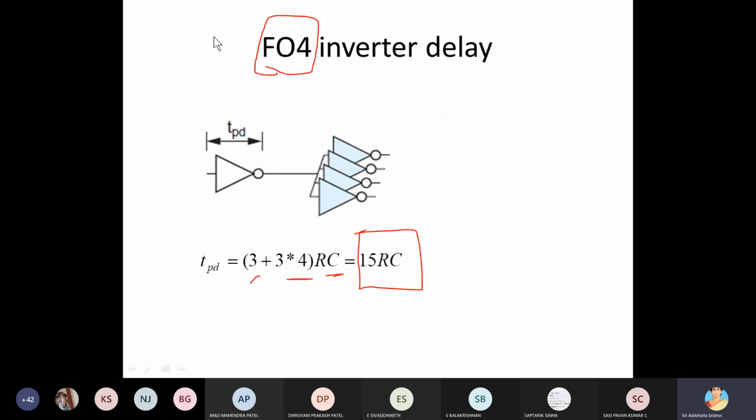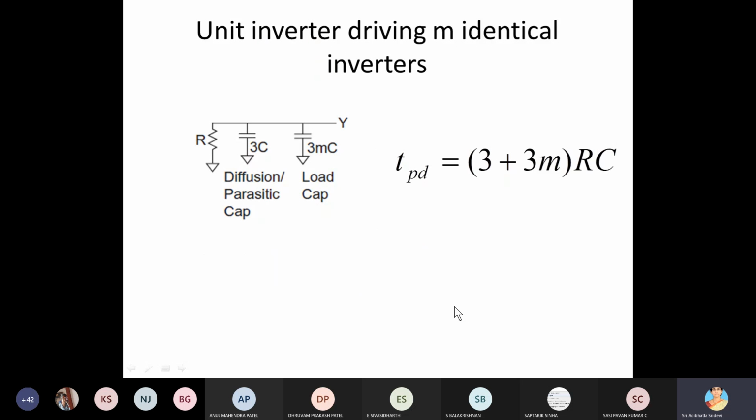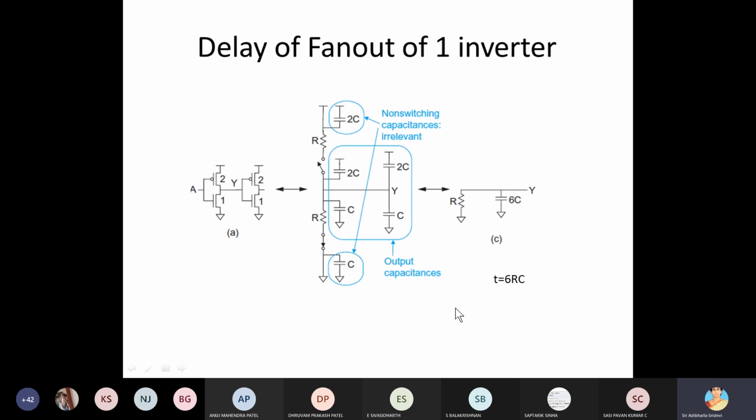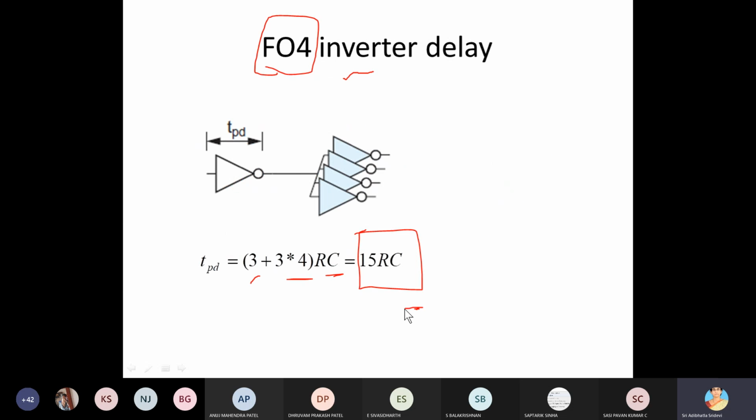Then F4, fan out of 4, means one inverter driving 4 inverters, which comes around 15 RC. This is known as F4 delay. It has a significance in VLSI, so remember that the F4 inverter delay is 15 RC. These are the points we covered in the last classes before CAT 1. If you have any doubts, you can ask me. Otherwise, we can proceed further.